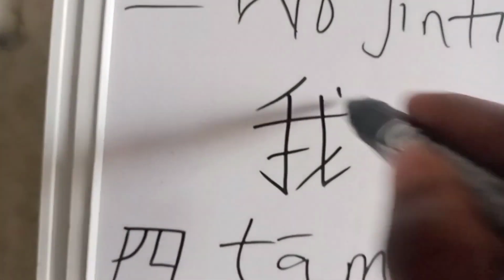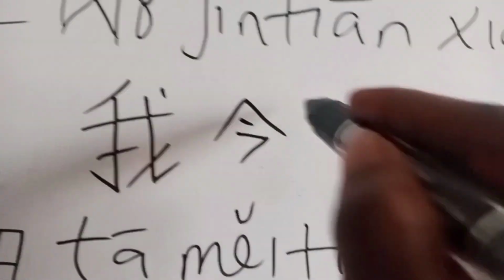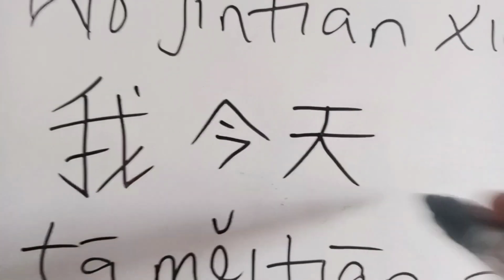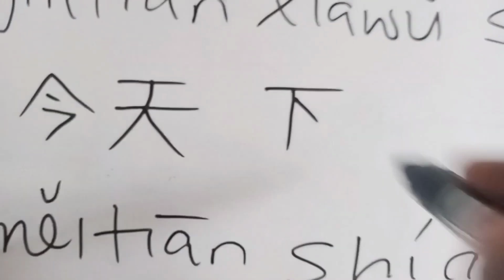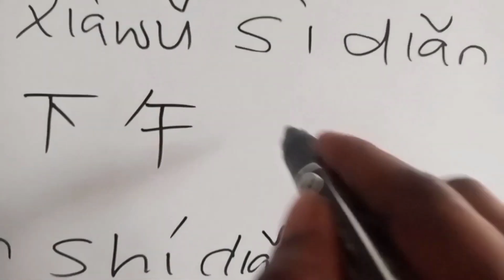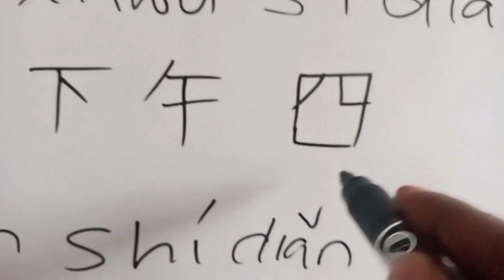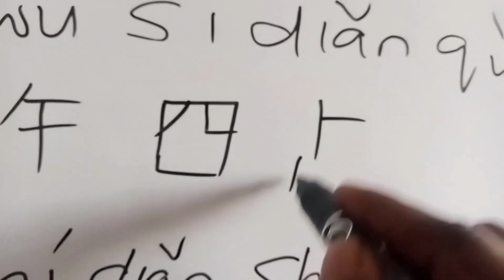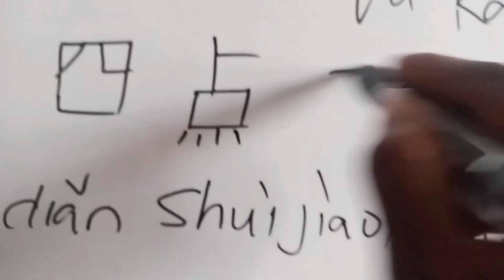I explained that 我今天下午4点 1 2 3 4. Dian is a very easy character.